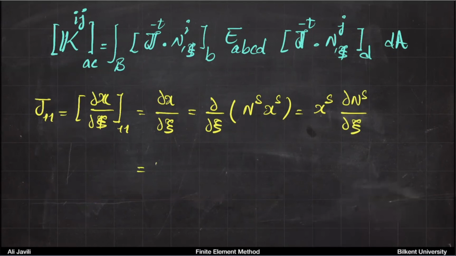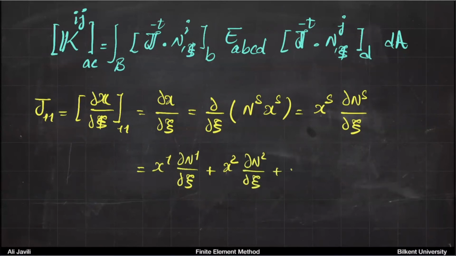X1 times the derivative of N1 with respect to Xi plus X2 times the derivative of N2 with respect to Xi plus, I mean, you go up to X node per element times the derivative of N node per element with respect to Xi. All right. So this would be for one component. Now clearly you can do this again for each of the components, and that's what I'm going to do next.